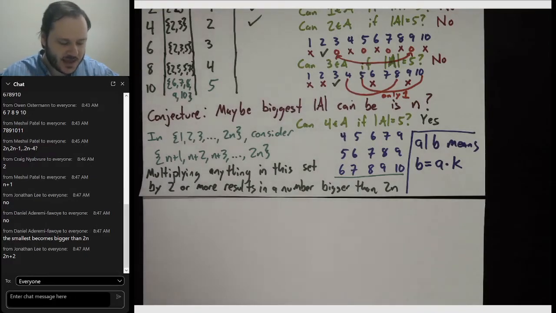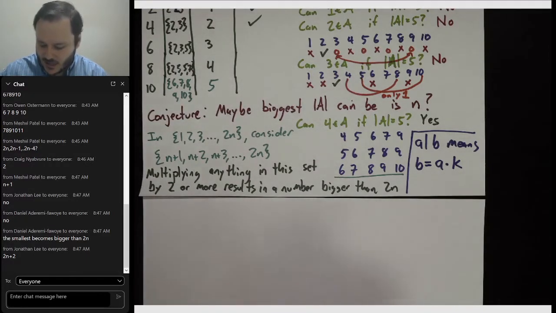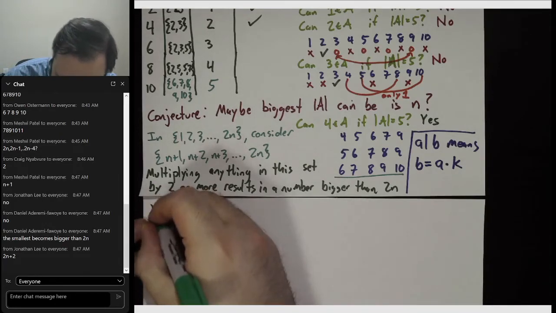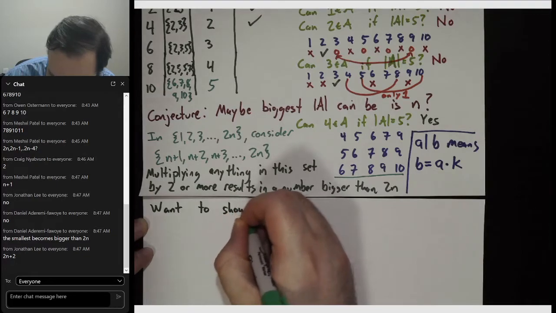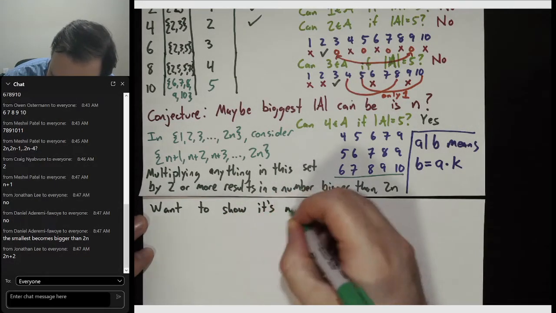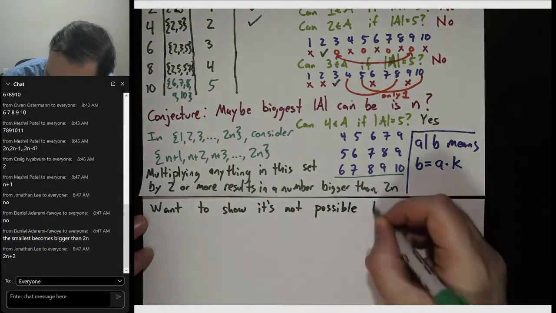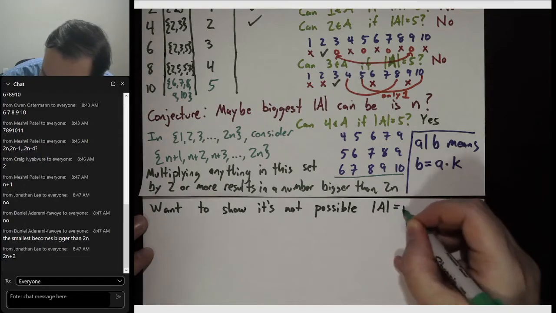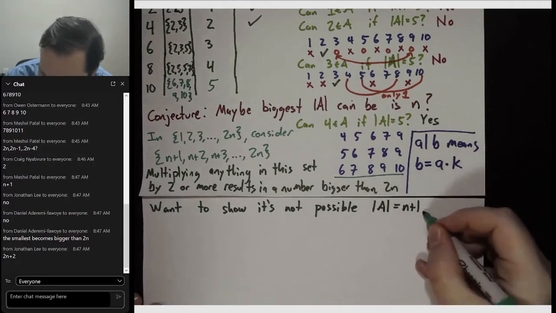Rather than say the answer, I want to show that it is not possible that size of A is equal to n plus 1. And here's my hint. I want to use the pigeonhole principle.